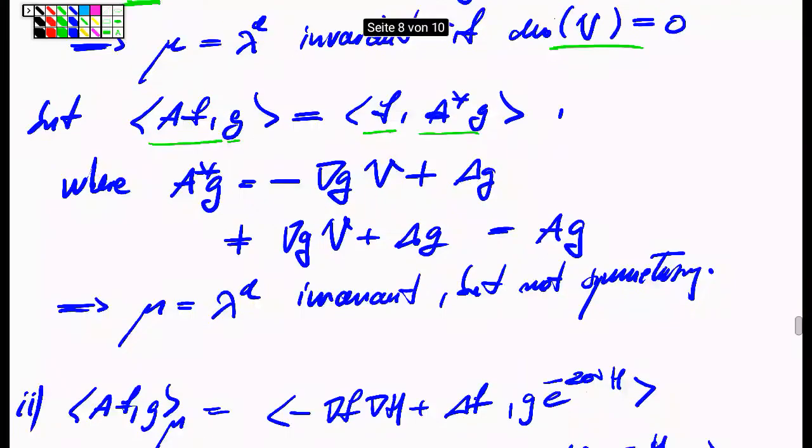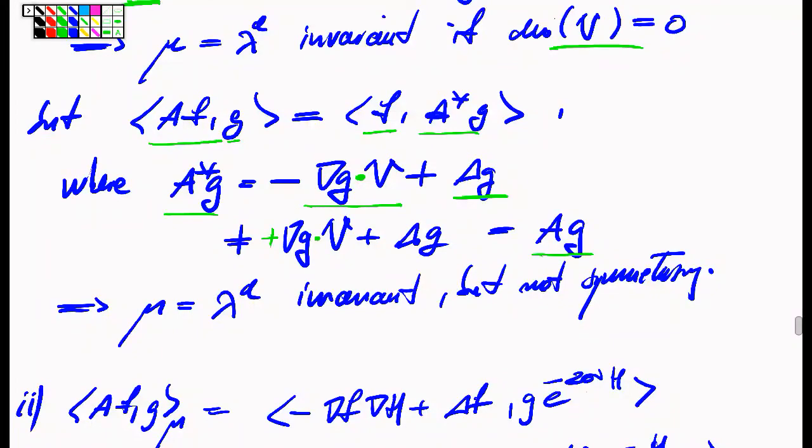I have done the computation which told me that A star of g in this case is minus gradient of g times v plus Laplacian of g, which is of course different from plus gradient of g times v plus Laplacian of g. So I have a parity change, but this parity change is significant, so A star of g does not coincide with A of g.